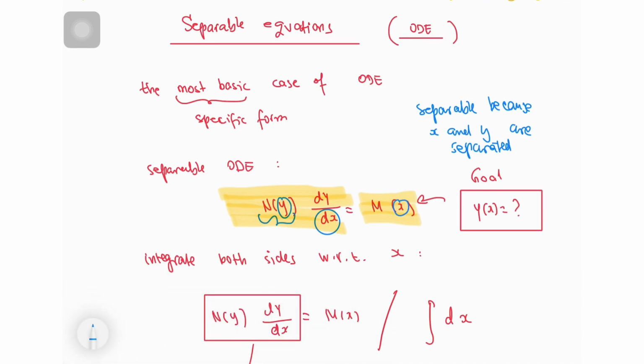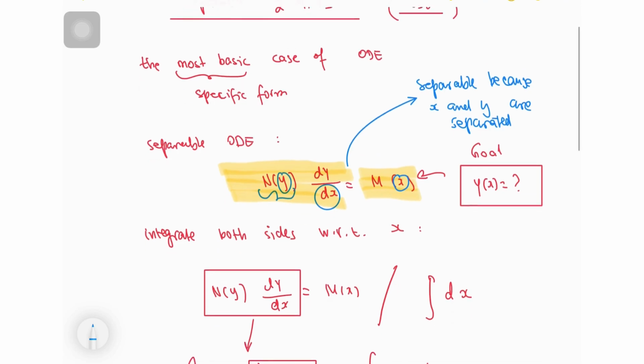In that case we call them separable. And our goal is to find y of x as an explicit function, which will then be the solution of this differential equation.